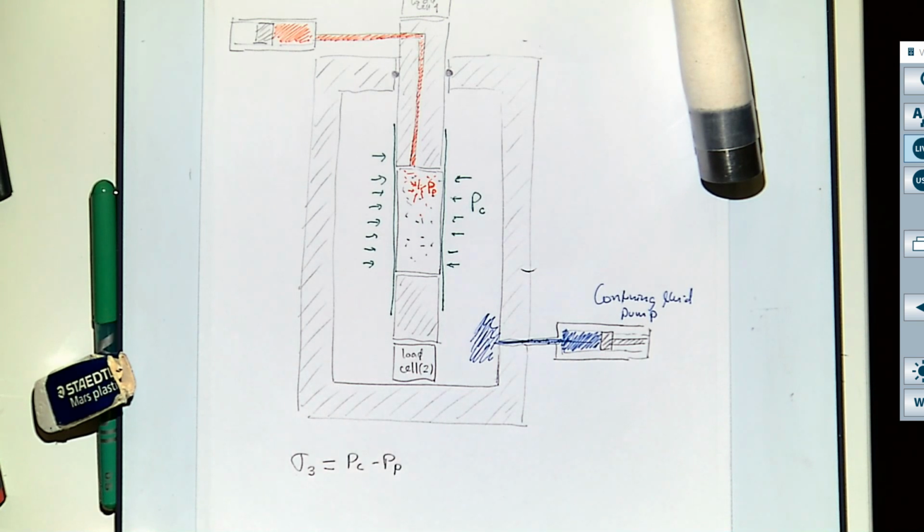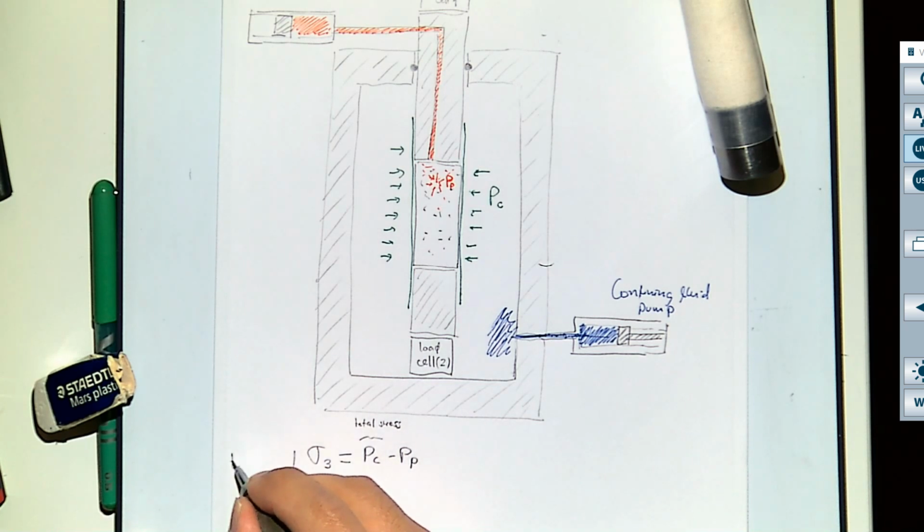Notice that PC is a sort of total stress, and PP is a pore pressure. So in order to get an effective stress, you need to always subtract the pore pressure. Okay, that's the easy part of the problem. And what is going to be the maximum principal stress?